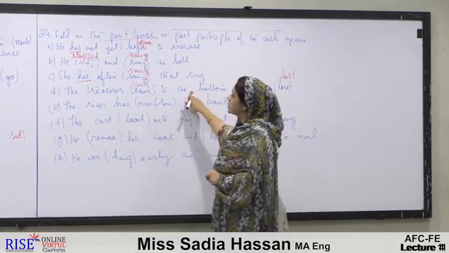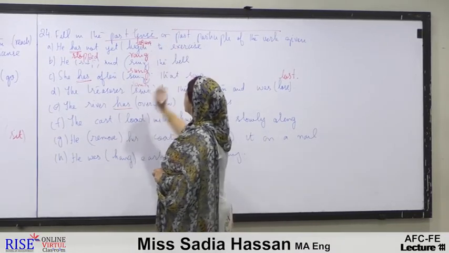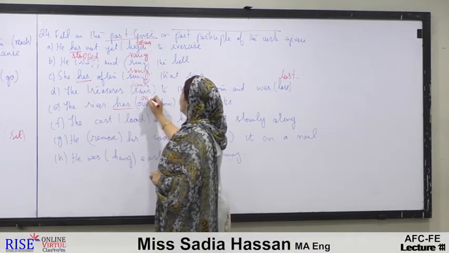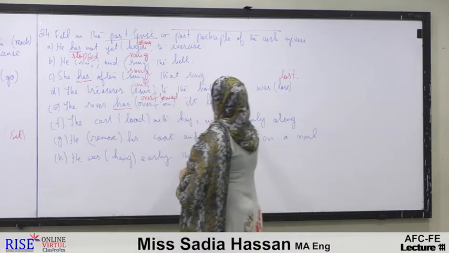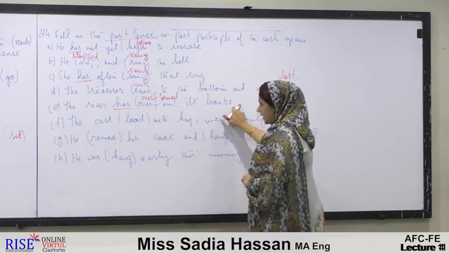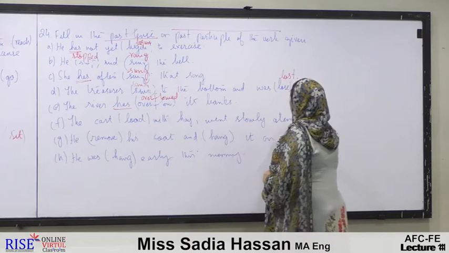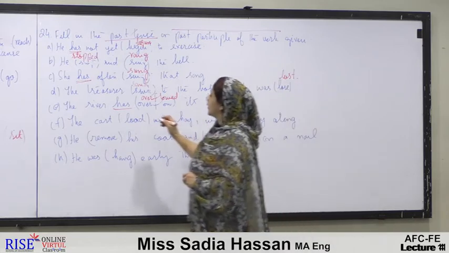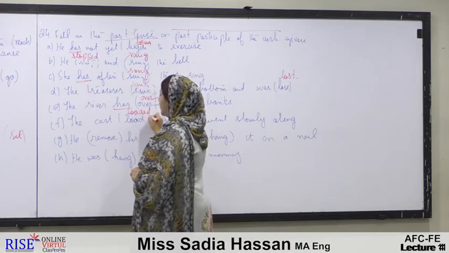Past form of the verbs. The river has always takes the past participle with it. The river has overflowed its banks. The cart loaded with hay went slowly along. Past form of the verb is loaded.